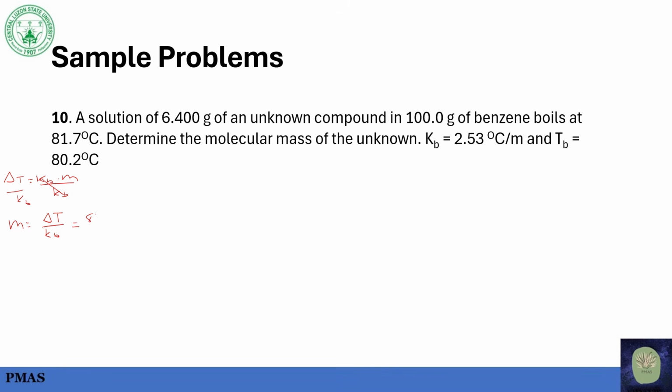Now your delta T is the change in temperature, T2 minus T1. So it's the boiling point of the solution subtracted by the boiling point of the solvent, divided by our constant 2.53 degrees Celsius per molal. In this case, we did not convert to Kelvin since our constant is already in degrees Celsius.